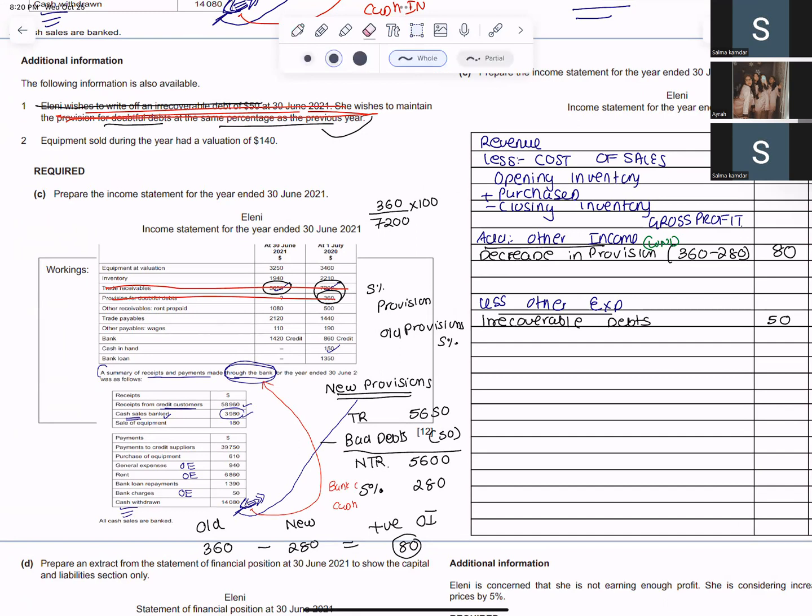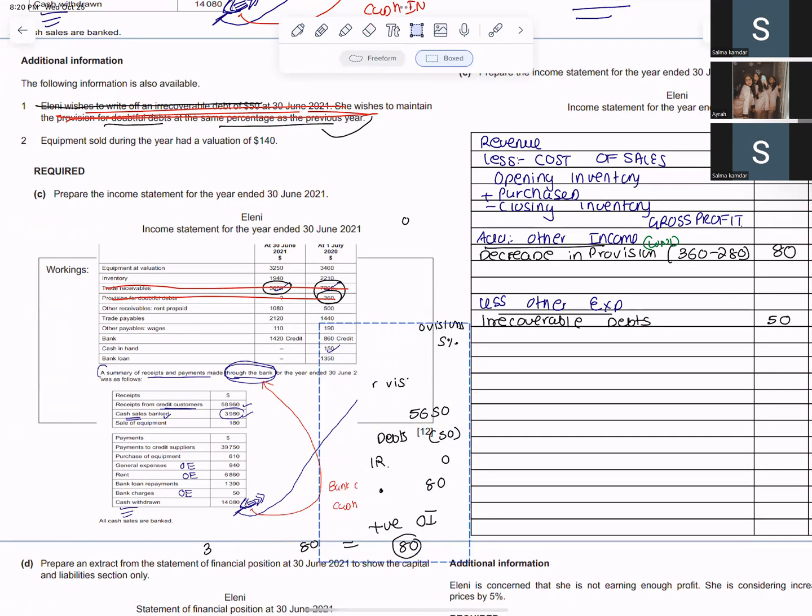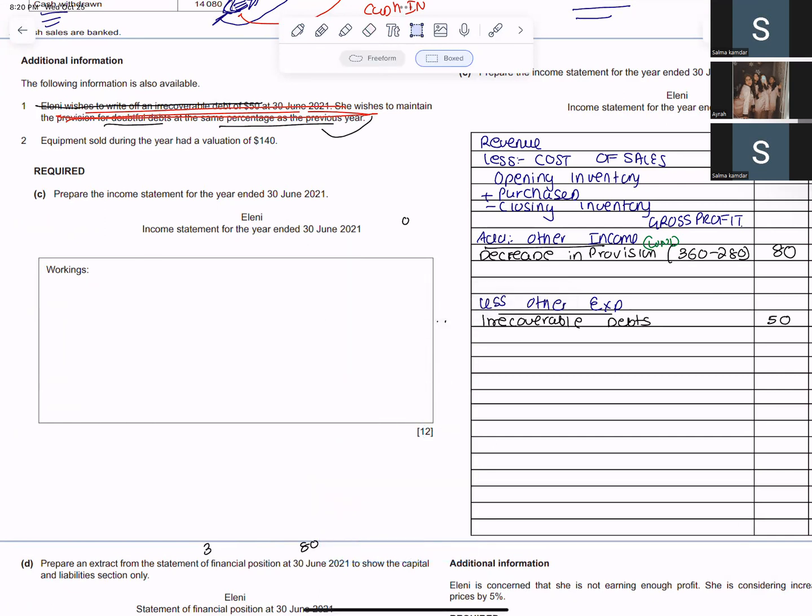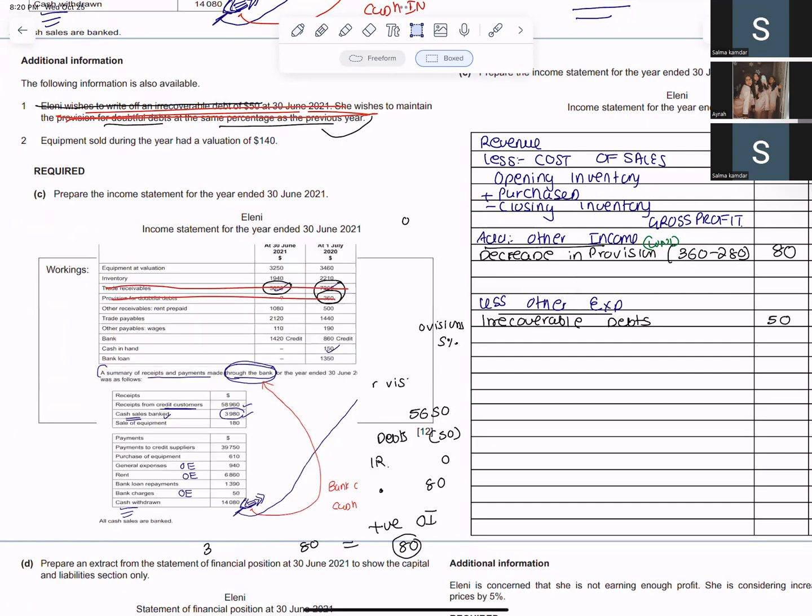Now the next adjustment, read. Equipment sold during the year had valuation of $140. So you have sold an equipment during the year which had valuation of how much? $140.